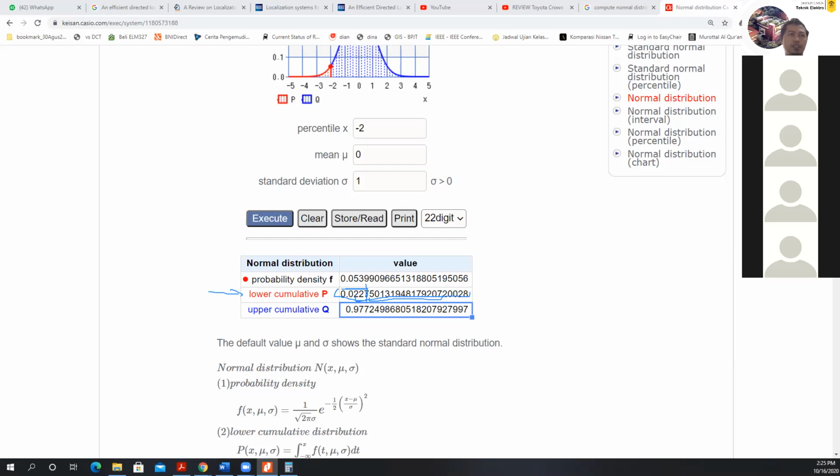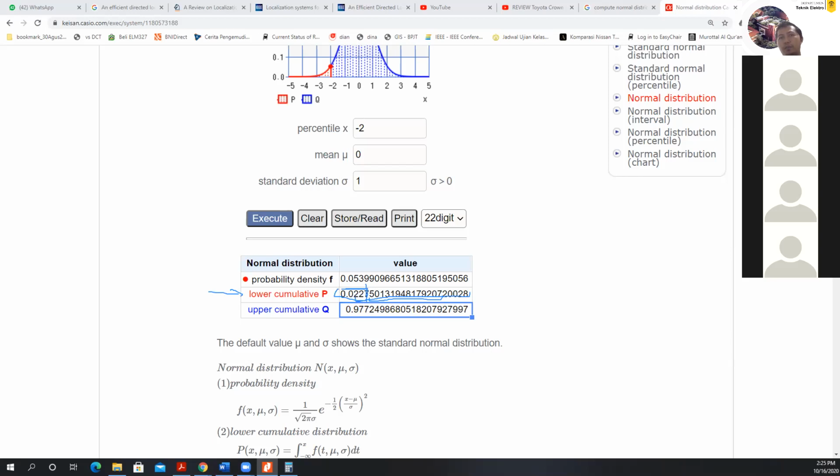And the third way, or the third method, is using the standard normal. What is the standard normal? Standard normal is when the mean equals 0 and the standard deviation equals 1.